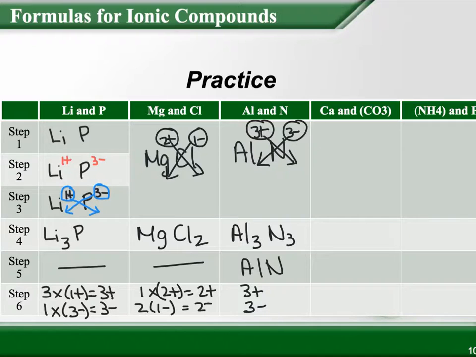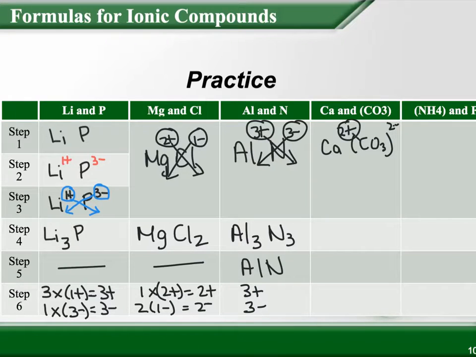Alright, so we're going to follow the same steps where we're going to write out each of the pieces of our compound. Then we're going to add charges, and when you look at the back of your periodic table, you will see that CO3 has a 2 minus charge.